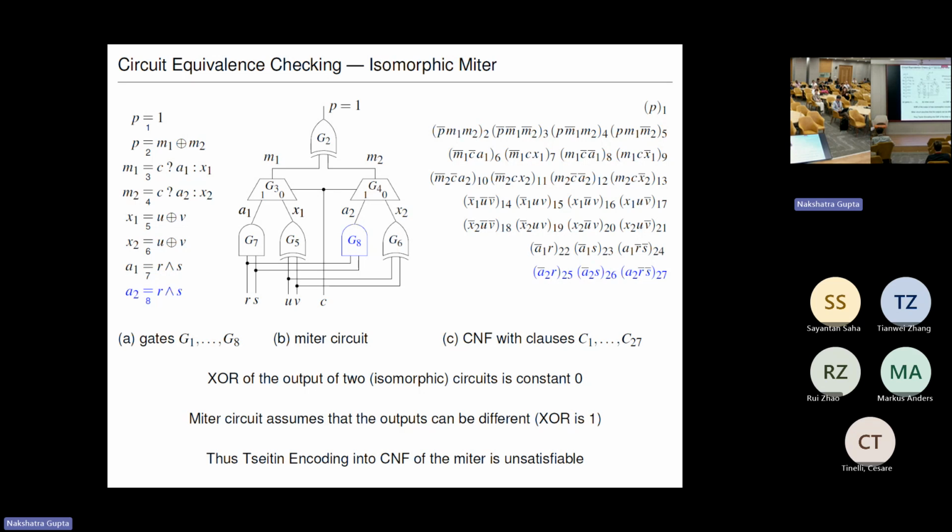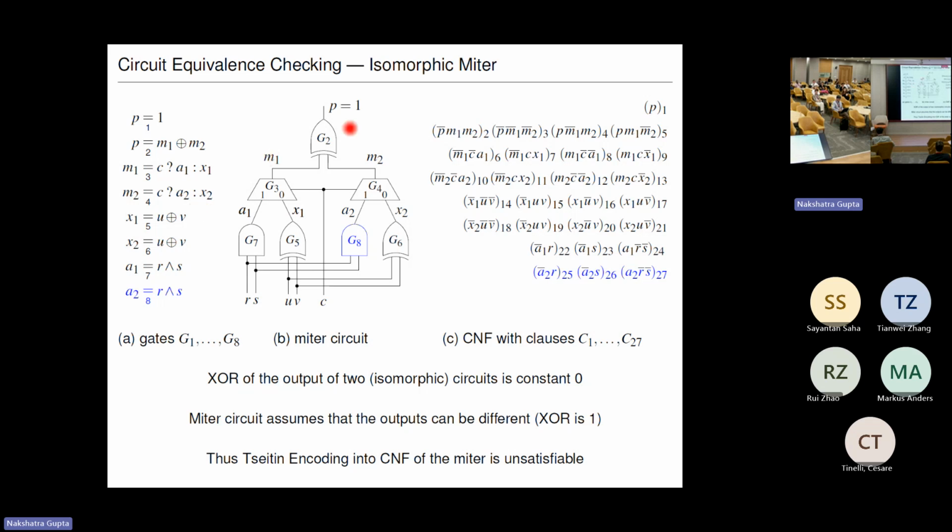This is a litmus test whether a SAT solver can solve these instances fast. And of course, already 15 years ago, we figured out it's not the case. CDCL solvers don't work for this stupid problem.